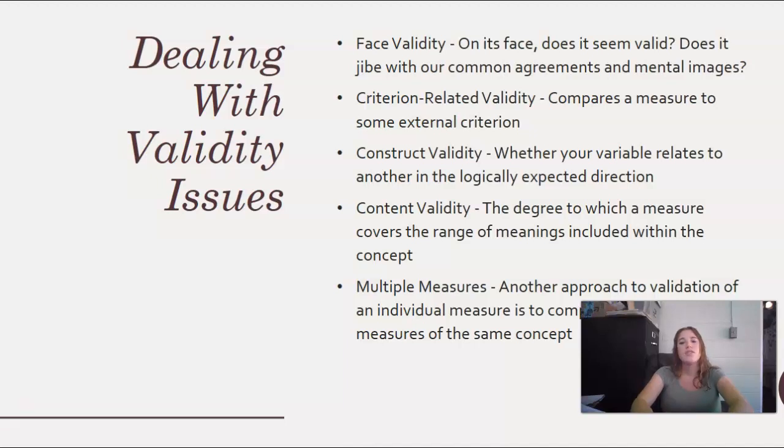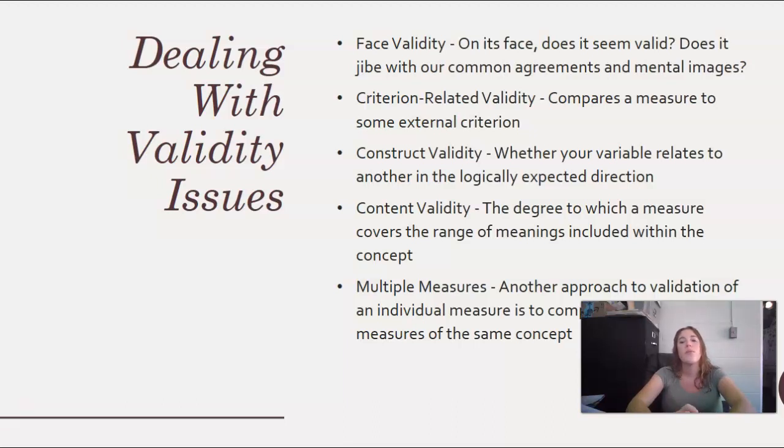So then we have construct validity. This is if we are measuring one variable, then we know how we expect it to relate to another variable, and so we want to make sure that it is related in the expected direction.